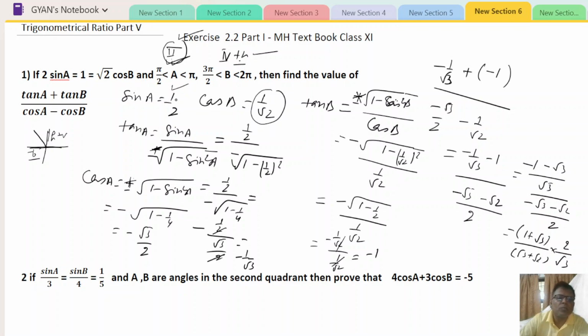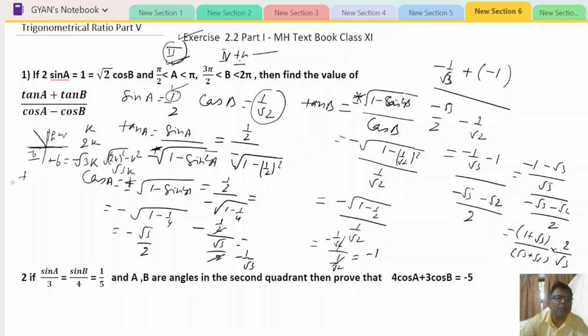So the hypotenuse L is 2K, and the height is K. Then B will be negative: root of 2K square minus K square, that is root 3K, of course negative.